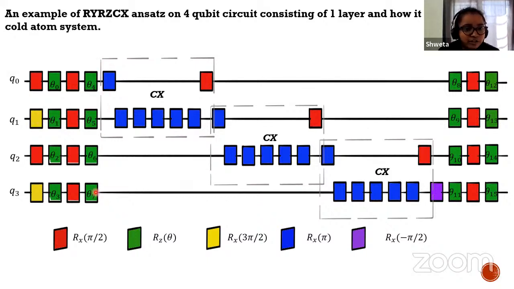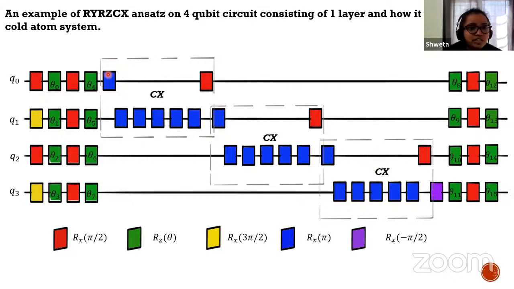And after this block is over, we want to apply CNOT gates in quick succession on Q0 and Q1, where Q0 is the control, and then again a CNOT gate where Q1 is the control and the Q2 qubit is the target, and after that again Q2 is the control and Q3 is the target.